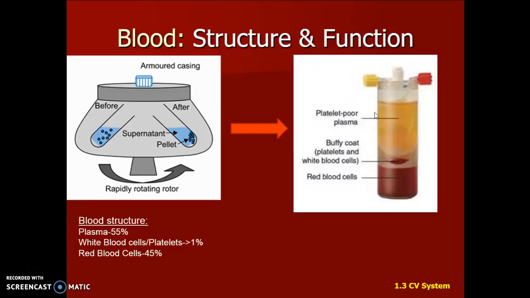The next thing we're going to look at is the red blood cells, which make up 45% of the blood structure. The lifespan of these is about 120 days, and they have a red pigment and no nucleus.